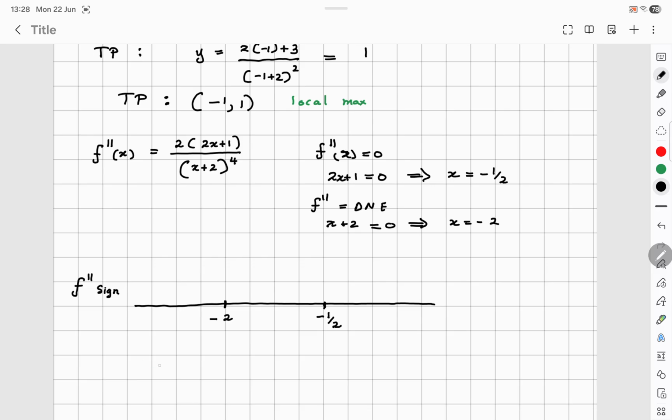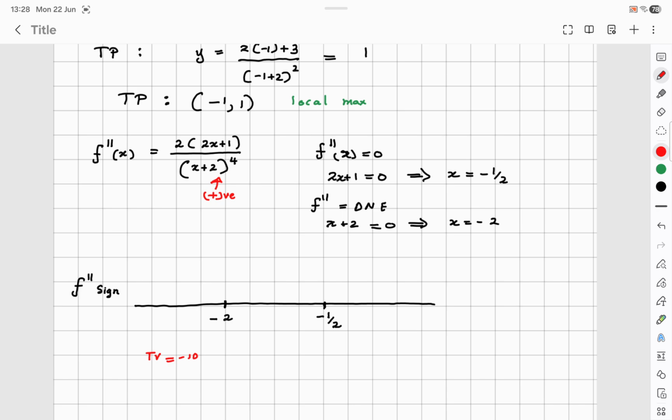So what are the test values? Less than -2, so I will just use -10. The second derivative denominator is always positive, no? Why? It's a fourth power. It doesn't matter which value we put for x, it's always positive. So the sign of the second derivative only depends on the numerator.